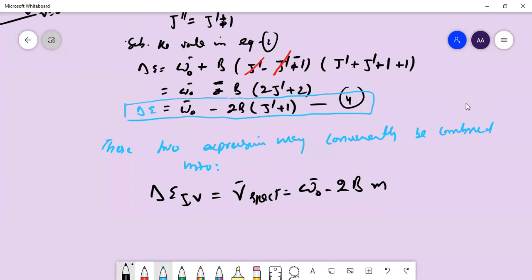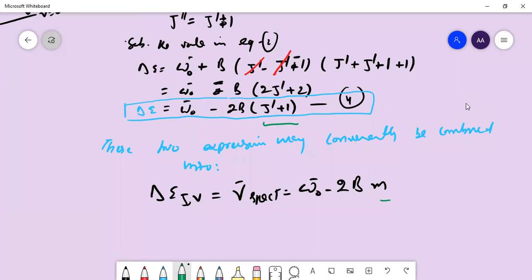What I am doing here is replacing J dash plus 1 and J double dash plus 1 with m. A new term I am introducing here is m.